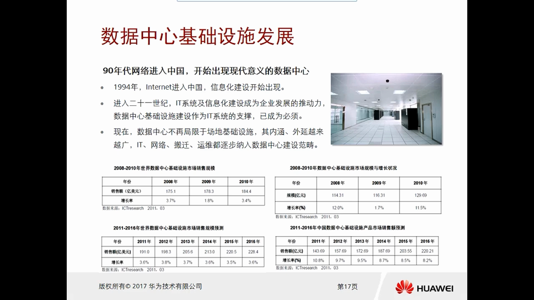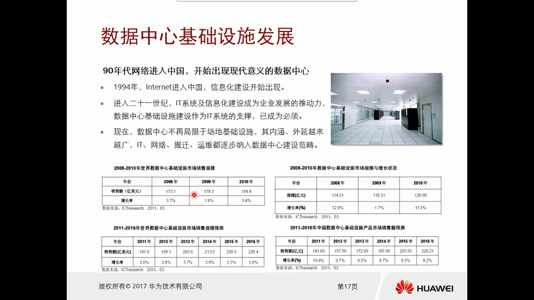So, about our data center, infrastructure also serves as a support for the IT system. We can combine this diagram, the first picture in the bottom left corner and the second picture. This is from 2008 to 2010, the sales scale of the technical facilities market in this data center, in the world and in China. We can take a look.